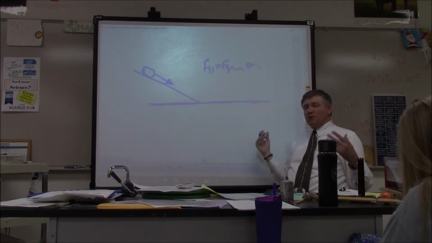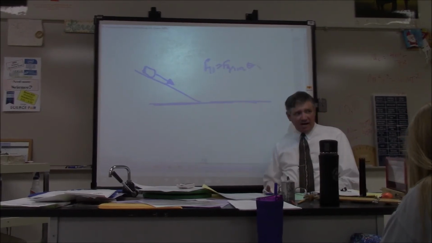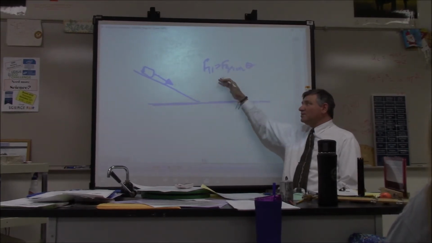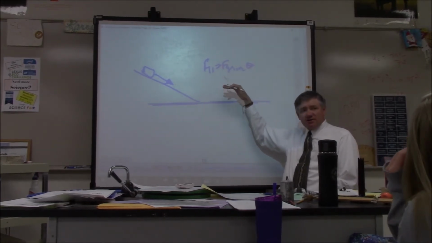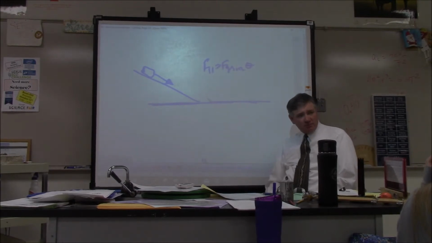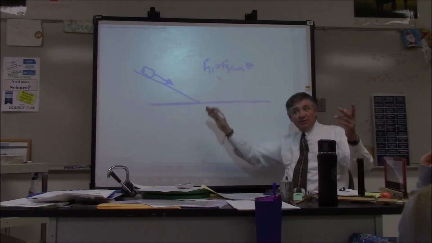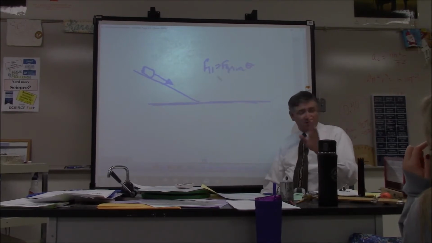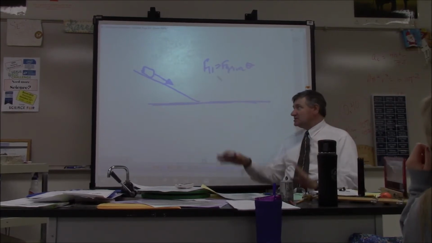But you ultimately have to have the acceleration of the block to figure out how fast it's going when it hits the bottom. Are there any other forces acting in the direction of this inclined plane? No. So that's also your net force, right? There's no applied force, no friction, no squirrels involved, no fans, no rocket engines, nothing.